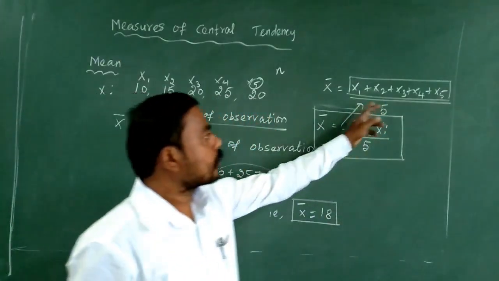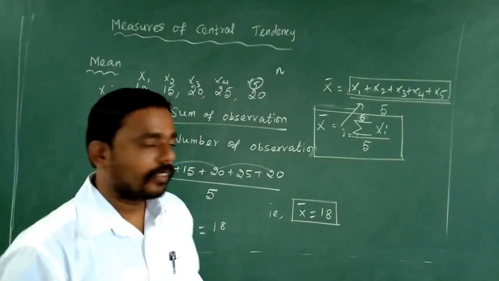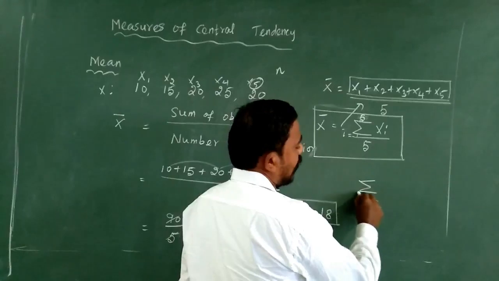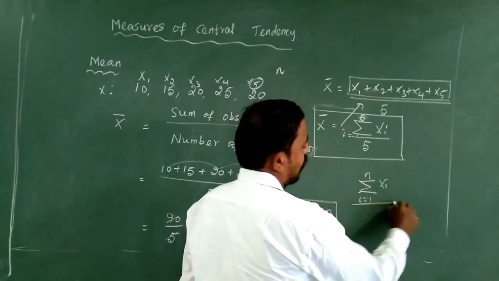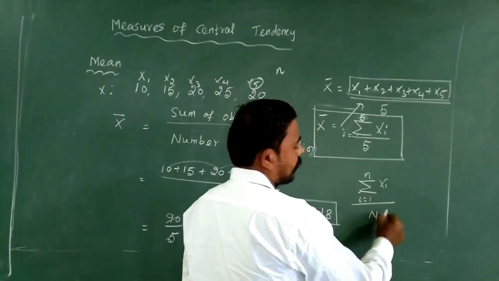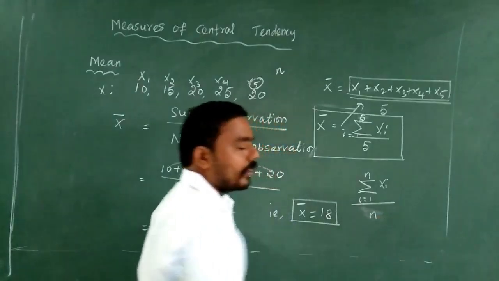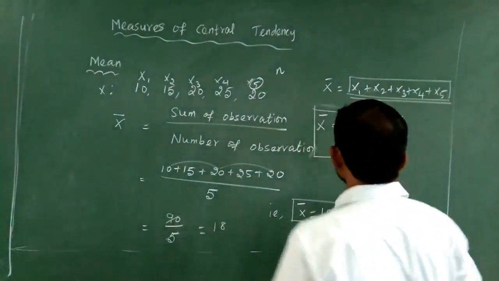So x1, x2, x3, x4, x5 up to 5. Suppose you have 10 data, then here it is 10. So in general, i equals 1 to n of xi divided by capital N. The small n or capital N is nothing but the number of data. Here it is 5.